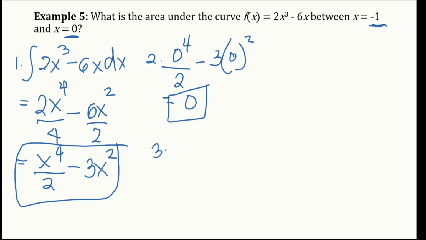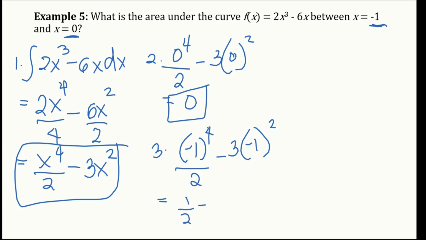Step 3, we have for -1, so we have -1 to the fourth power over 2 minus 3 times -1 squared. So we have 1/2 minus 3, and this is equivalent to -5 over 2. This is the answer for the third step, and the last step is to subtract.